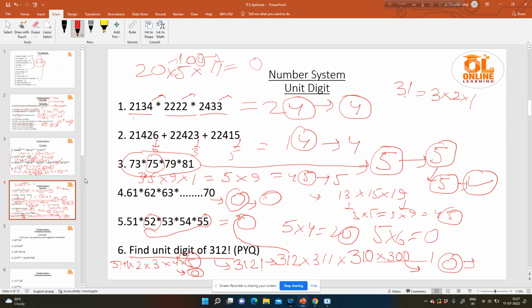In this type of question, 5 is not present and 0 is not present, so we have to multiply, we don't have any option, so your answer will be 6. Okay, like this way you have to solve. And if you have any question, you can ask me in the live sessions that we will conduct, or in the doubt section also you can let me know, I will solve it for you. Okay, that's all for the unit digit.